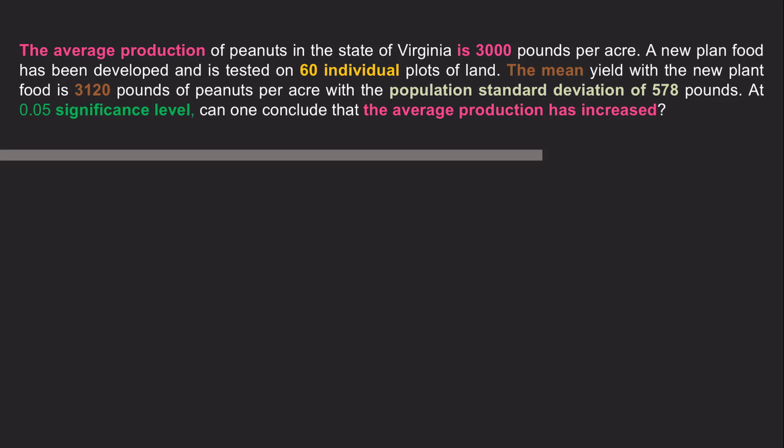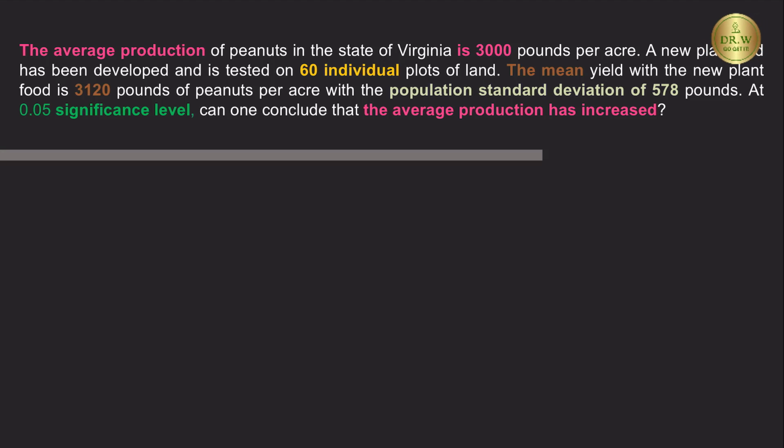The mean yield with the new plant is 3,120 pounds of peanuts per acre, with the population standard deviation of 578 pounds. At 0.05 significance level, can one conclude that the average production has increased?